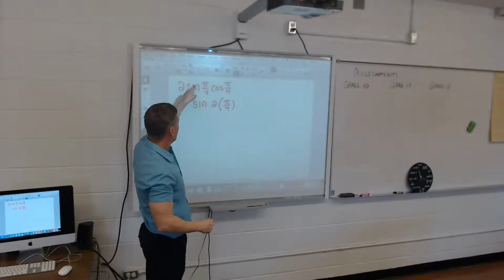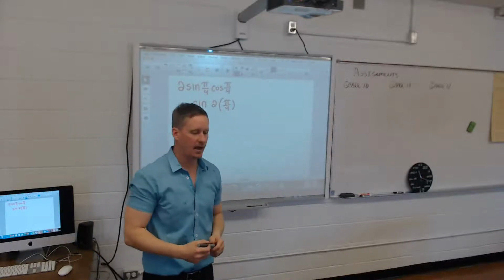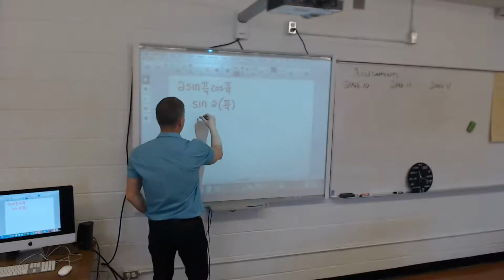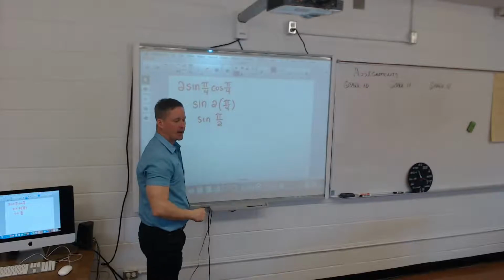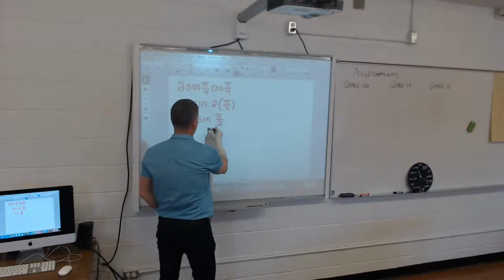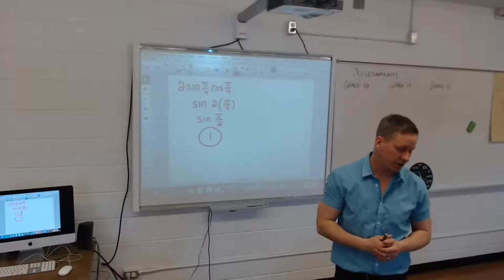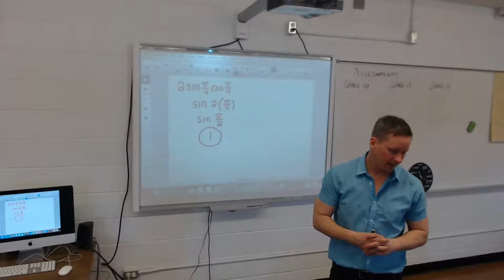So I can rewrite it as sine of 2 times pi over 4, which is the sine of pi over 2. And what is the sine value of pi over 2? To simplify it, change it to a single trig expression, and then simply use your unit circle at that point.